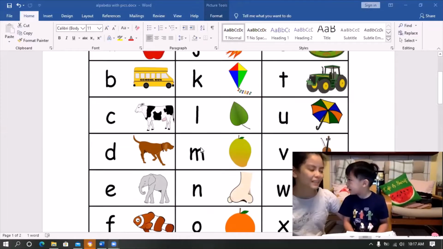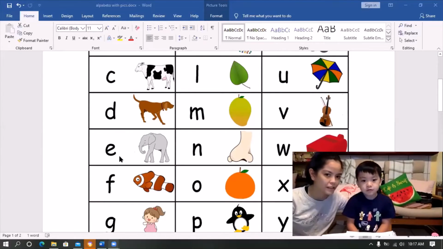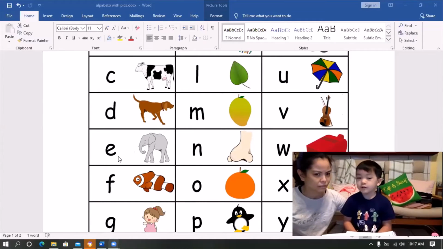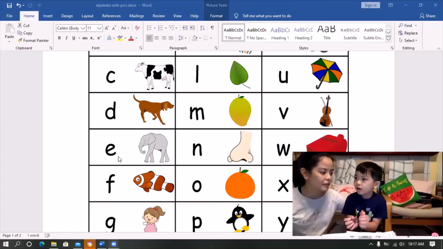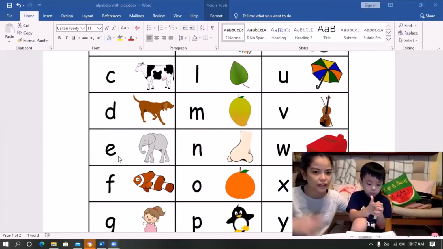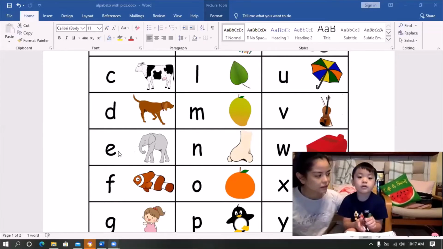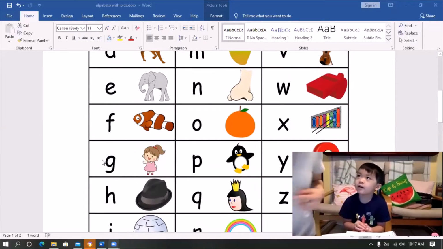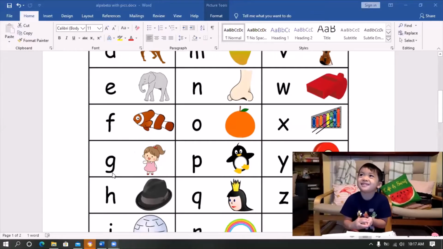Okay, good. What's this? Oh, I know that. C. What's this? E for? For elephant. Elephant.